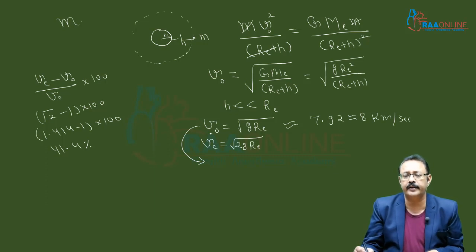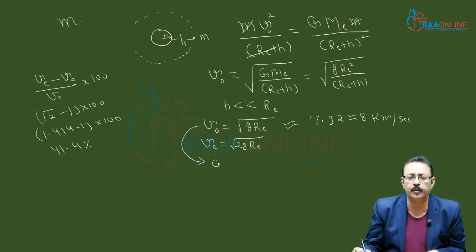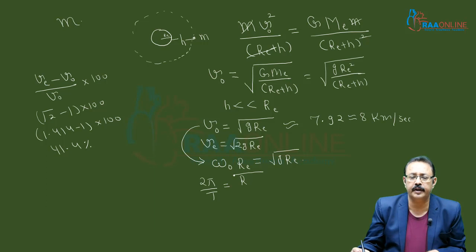We know that V is omega into R, and omega is 2 pi by T. So 2 pi by T is root of g RE upon RE, which means root of g by RE.